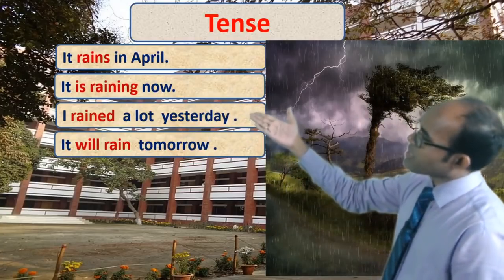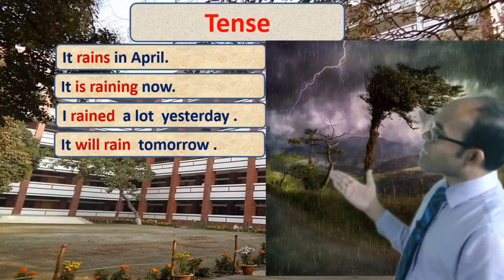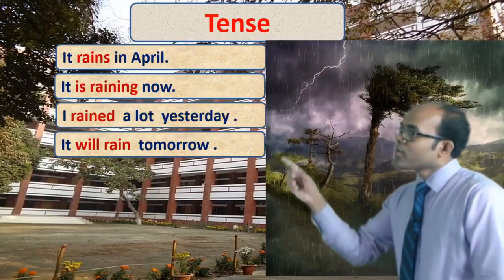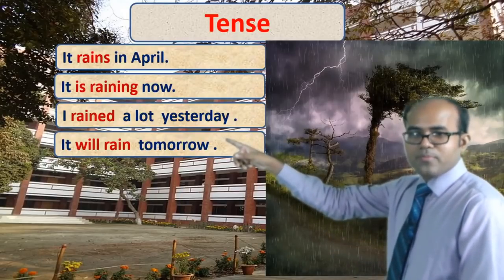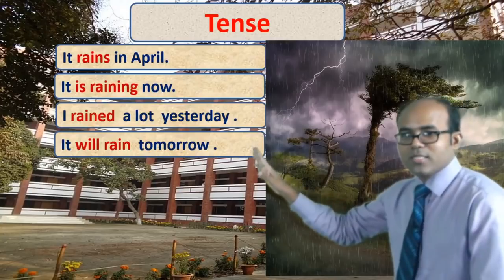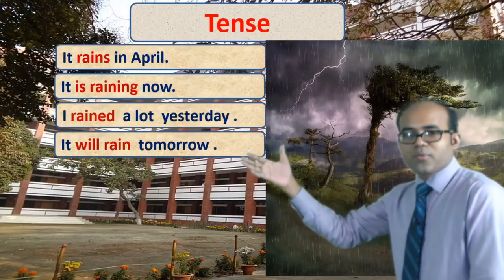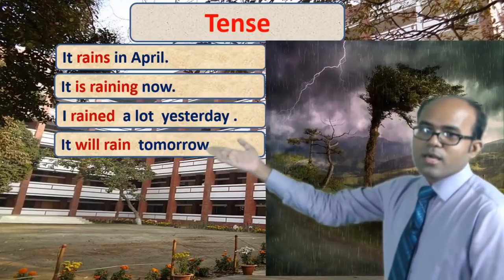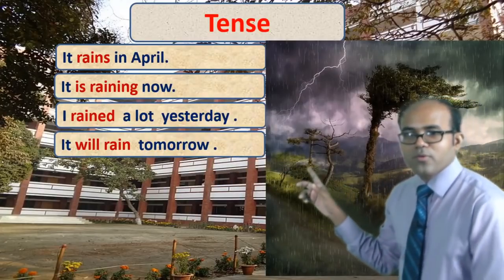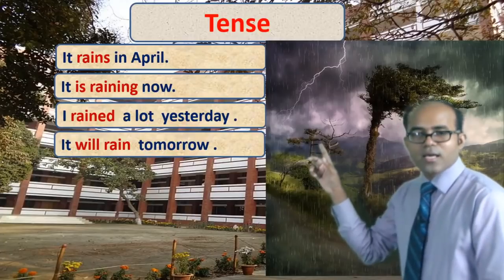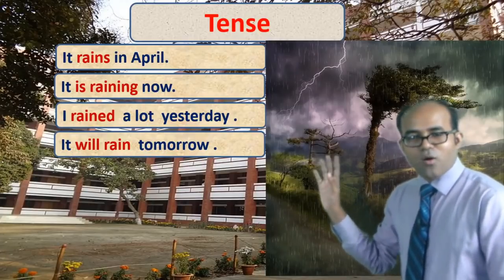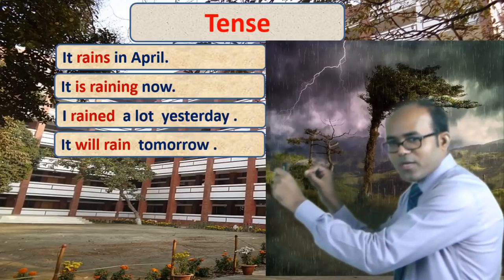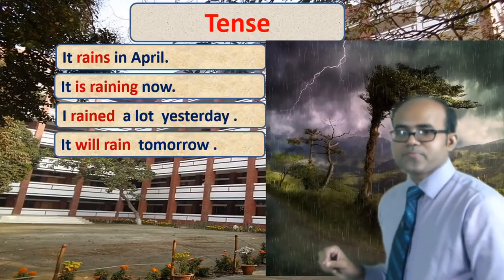Third sentence, yesterday, again time is changed here, so does the verb. It rained, the past tense, the verb is in past form. The last sentence, it will rain tomorrow. The word tomorrow is here. You understand? Only for time, the tense of the verb is changing.